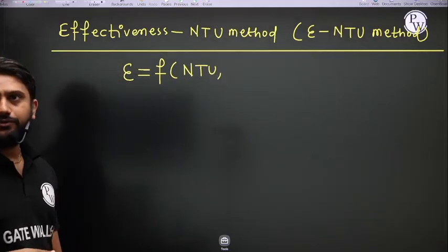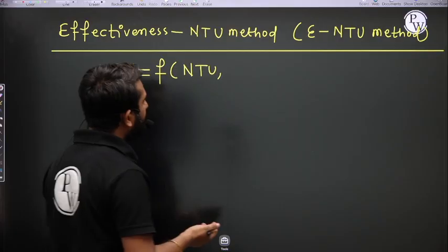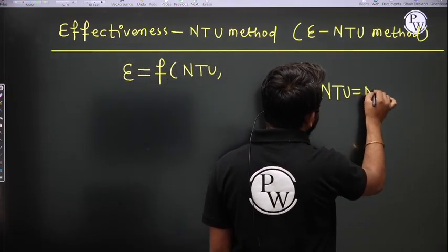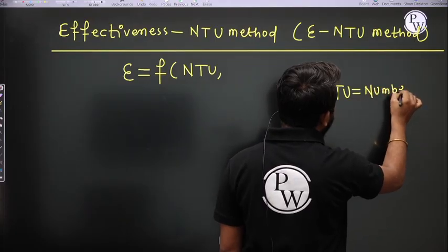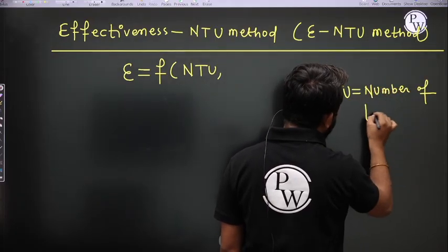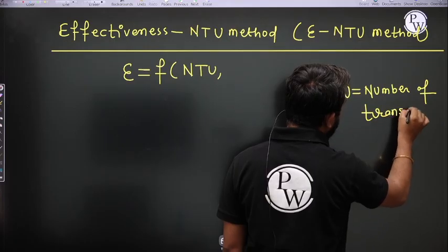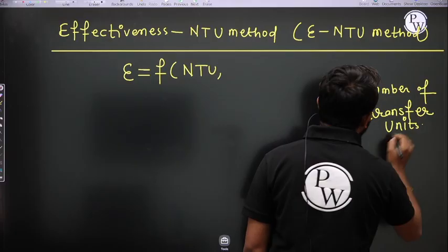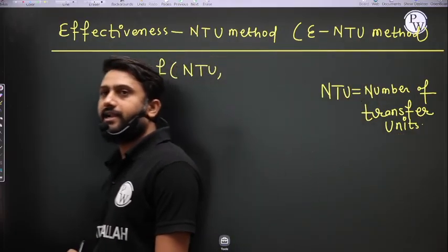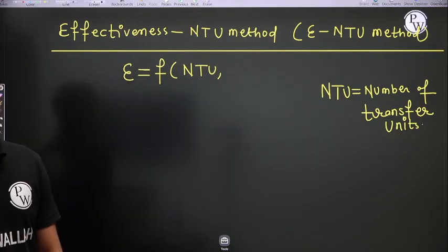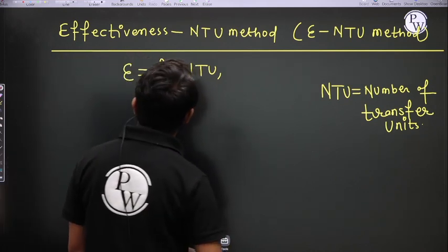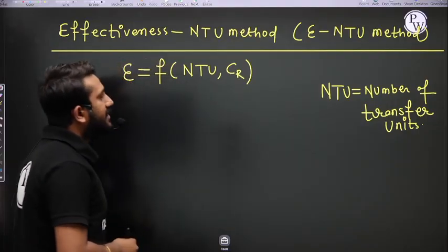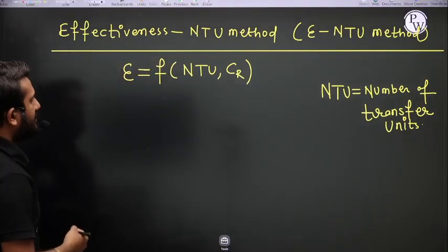One is the NTU. What is the full form of NTU? NTU is number of transfer units. So the effectiveness is a function of NTU and the CR, right? What is the CR? What is the NTU? Let's start our discussion.